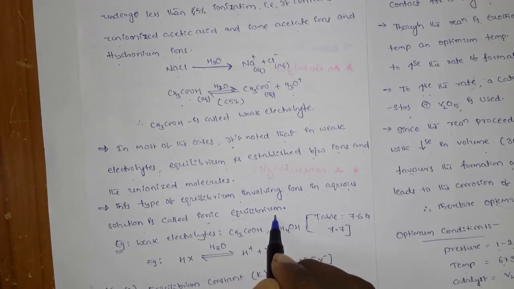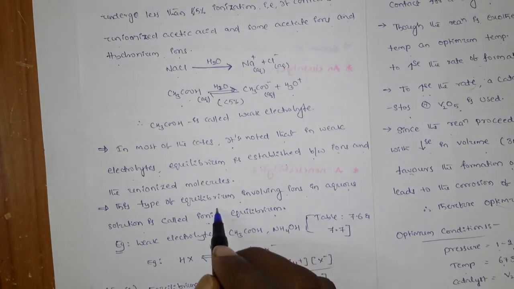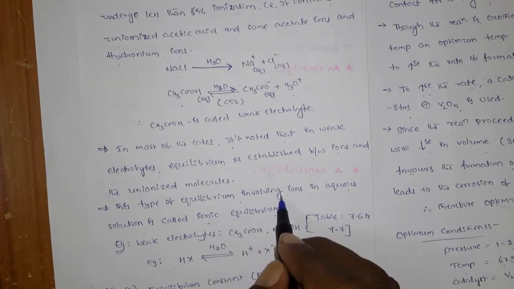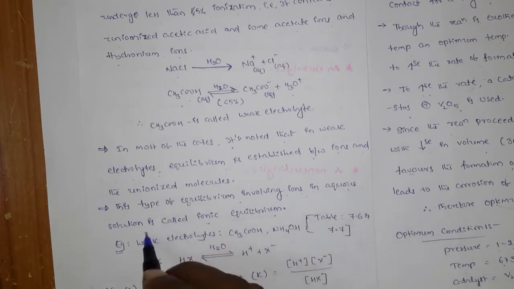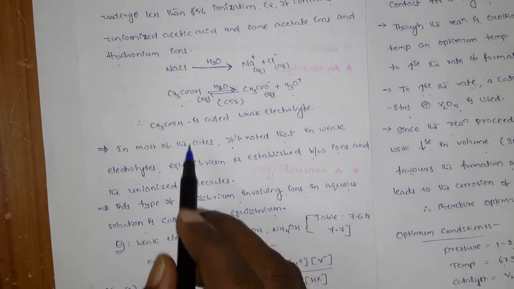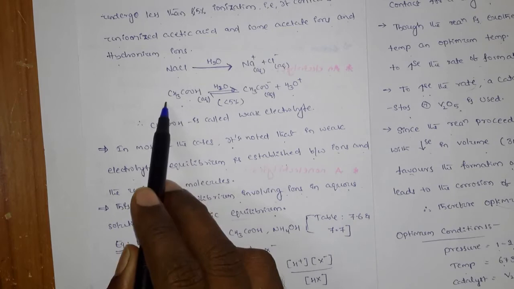Now you got it, right. What is the ionic equilibrium? Mostly the weak electrolytes show the ionic equilibrium, because it establishes an equilibrium involving ions in the aqueous solution with the unionized molecules.